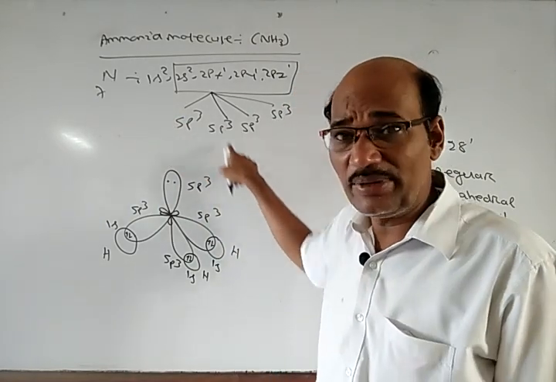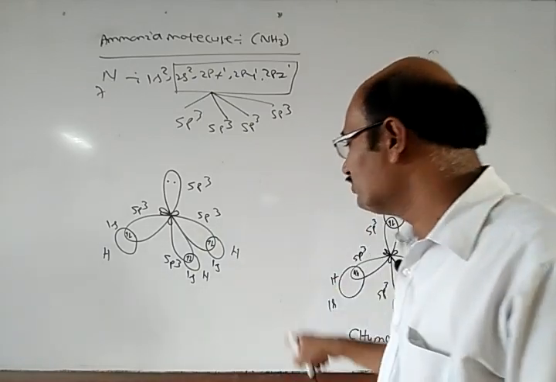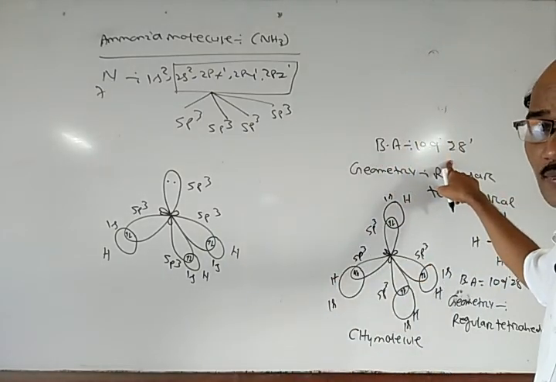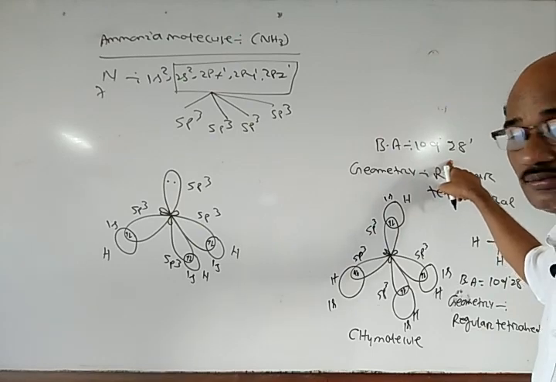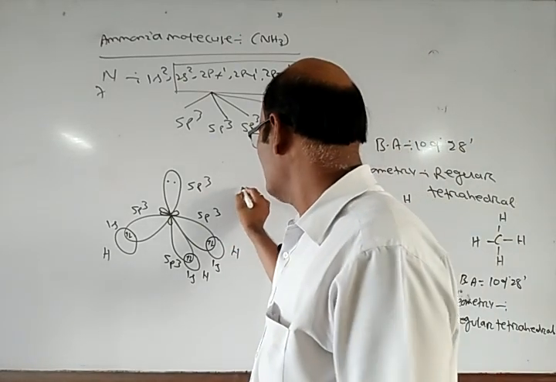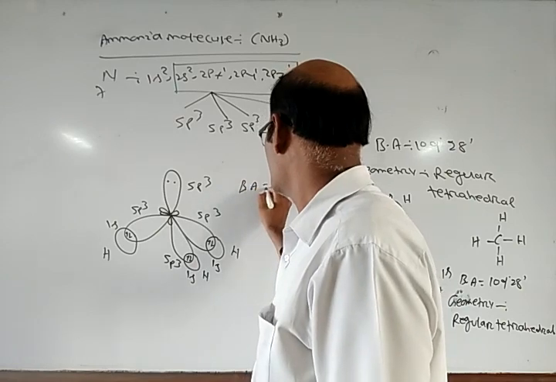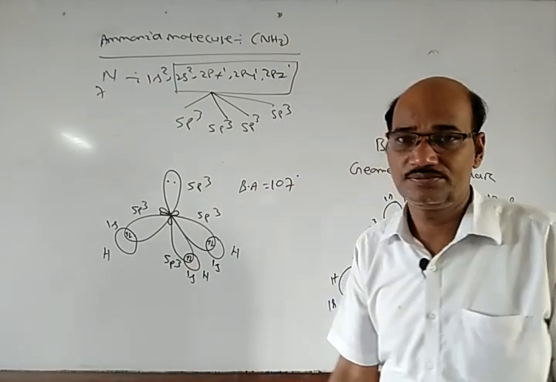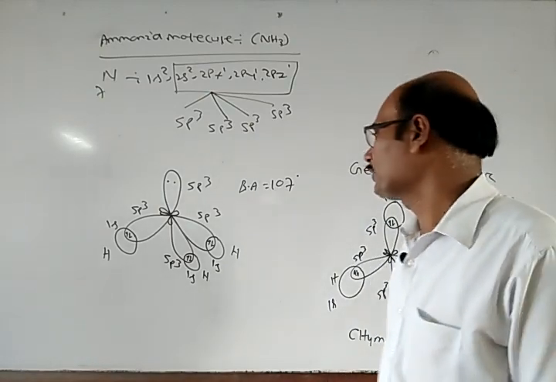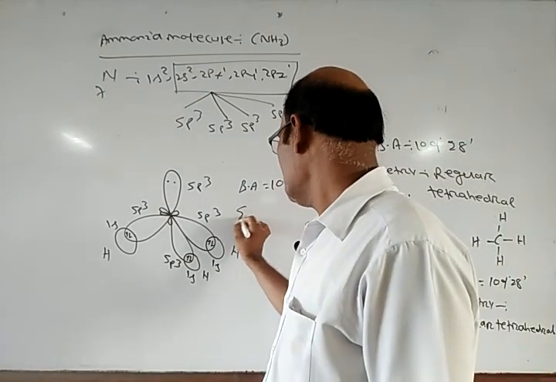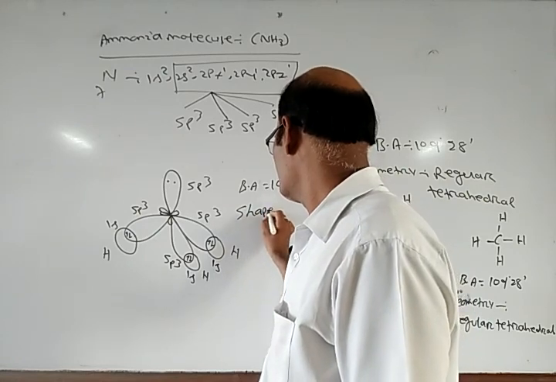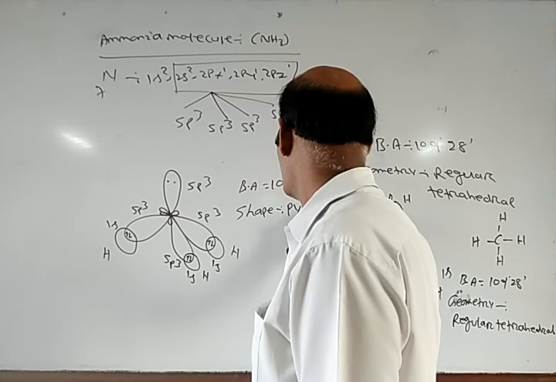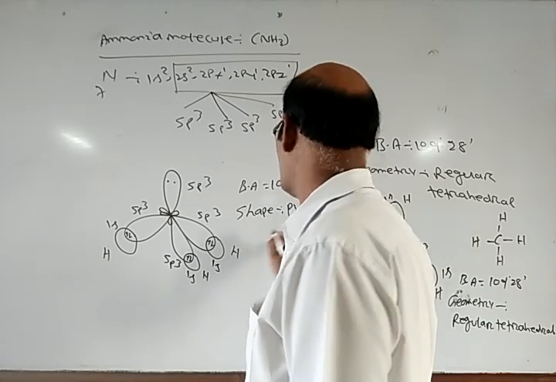Though it is sp3 hybridized, its bond angle is not 109.5 degree or 109 degree 28 minutes. Here the bond angle becomes 107 degree. And now the shape becomes pyramidal.